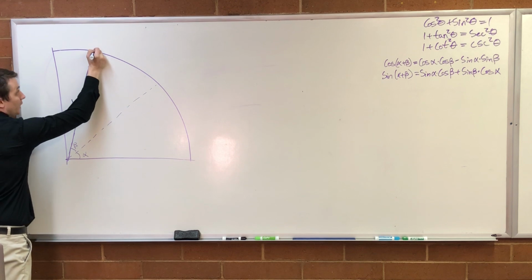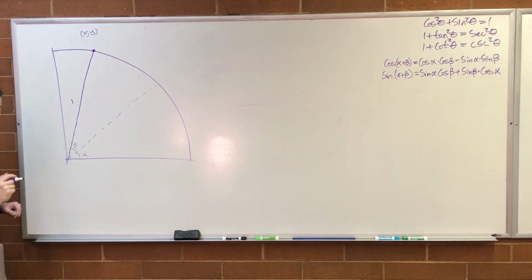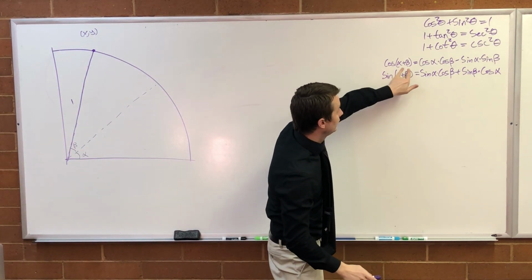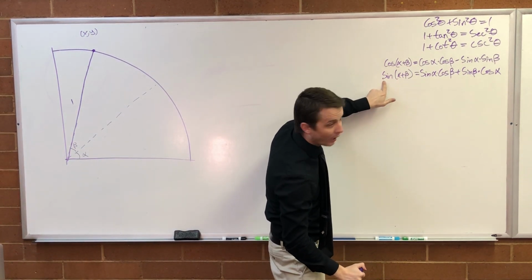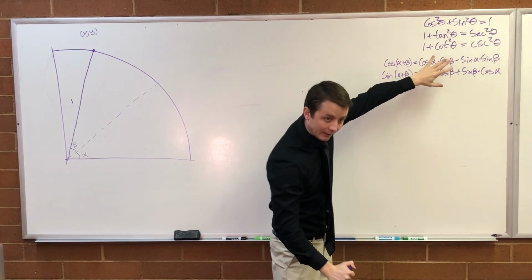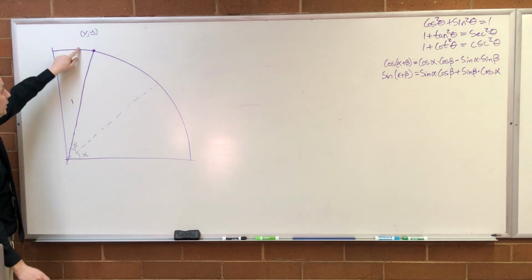Okay. So what are we after? I'm trying to find the x and y of that coordinate. That's what we're after. Look, this is the x coordinate at the angle alpha plus beta. This is the y coordinate at alpha plus beta. And I need to show it's all this. That's what I'm trying to show. Okay. So I'm trying to find the x and y coordinate at alpha plus beta.